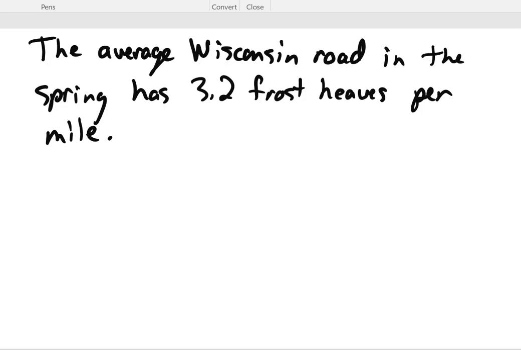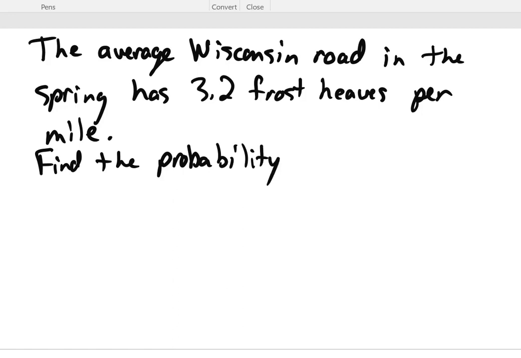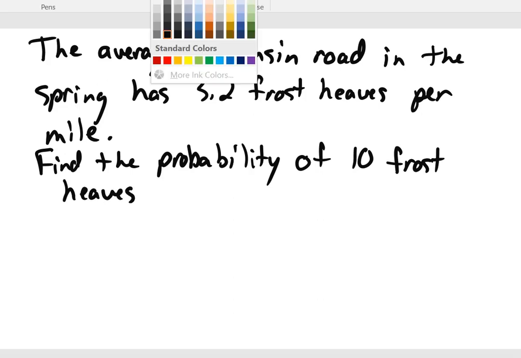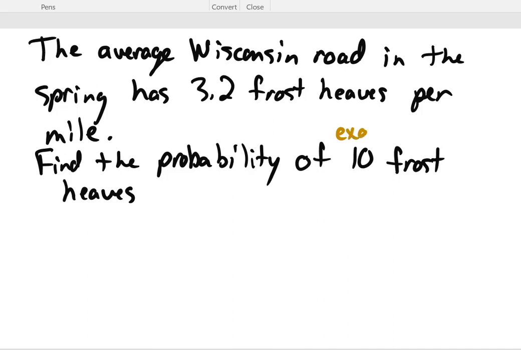So we're going to find the probability of exactly 10 frost heaves. So put that term in there, exactly 10. So no more nor less. On a 4-mile stretch of road.